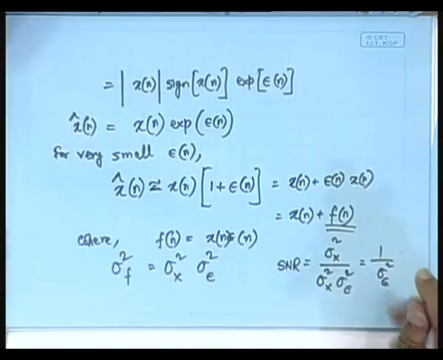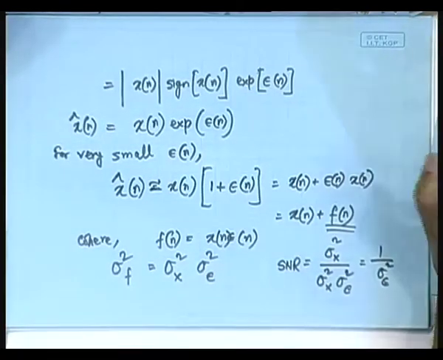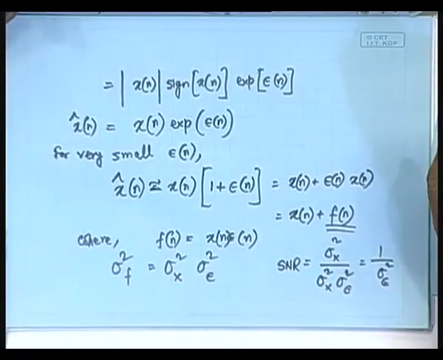Which means that by using the logarithmic transformation, the signal to noise ratio is independent of the signal variance. This we did not see for the linear quantizer, but after the logarithmic transformation the signal to noise ratio becomes 1 by sigma square epsilon, not dependent on the signal, and only dependent upon the quantization step size.